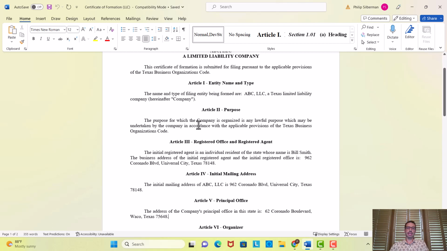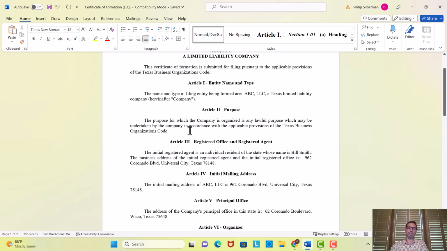Be careful with that, though. You may be forming an LLC for a single purpose. For example, you might have an LLC to invest in a property, and several of the members may have other businesses, and you really need to put the specific purpose of the LLC. If you don't do that, you might open up the members to liability that they don't want.